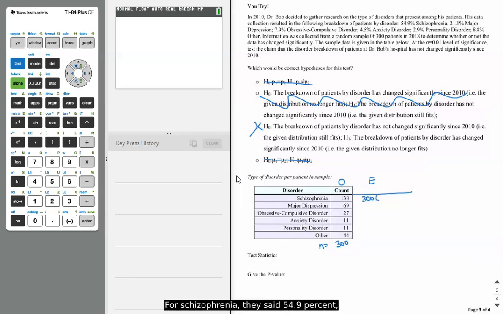So for schizophrenia, they said 54.9%, so we want 0.549. And I'll calculate this once I write everything down. My major depression, again, it should always be 300 times the probability of that category. So major depression was 21.1, so 0.211.